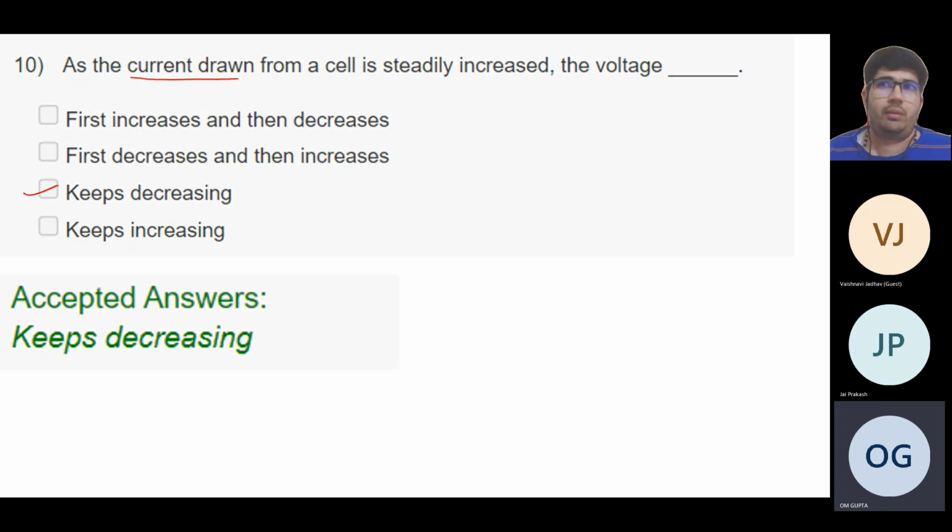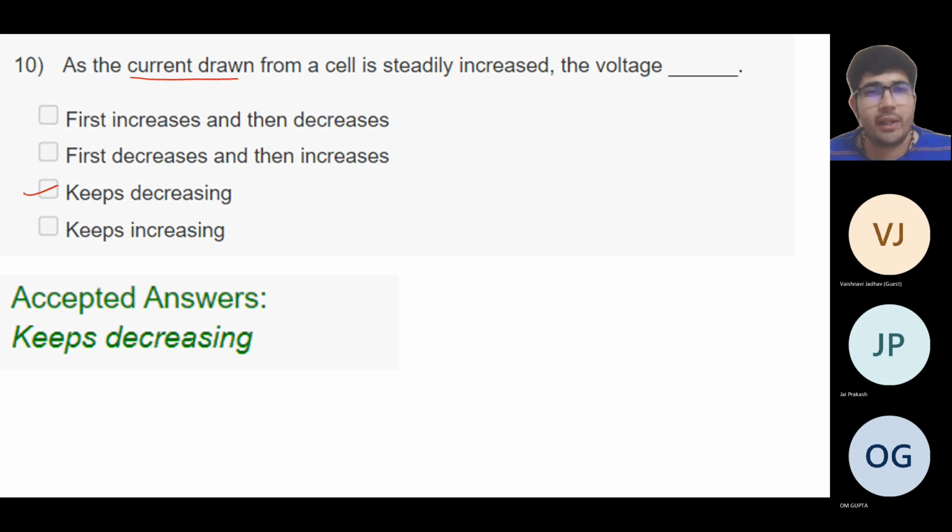We cannot change the electrolyte, but if we increase the rate of electrochemical reactions, it means more chemical is taking part in the reaction. The electrochemical reaction is happening at a faster rate.